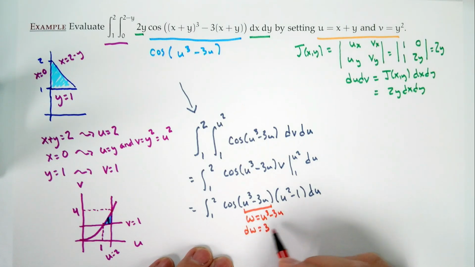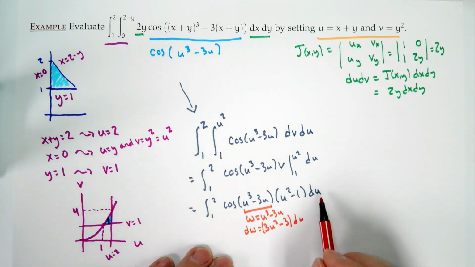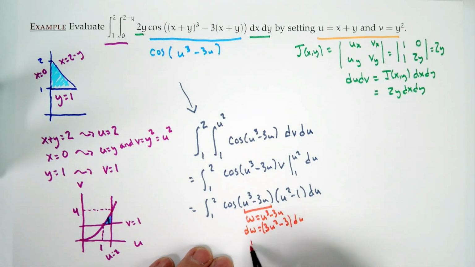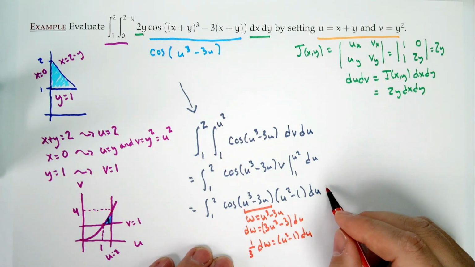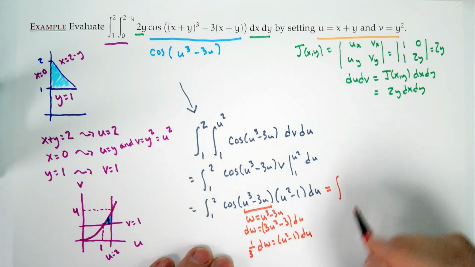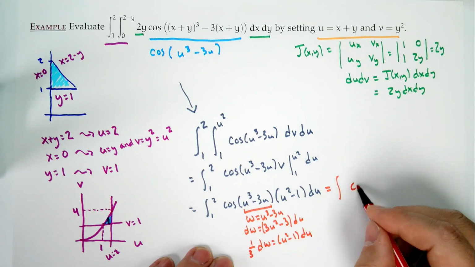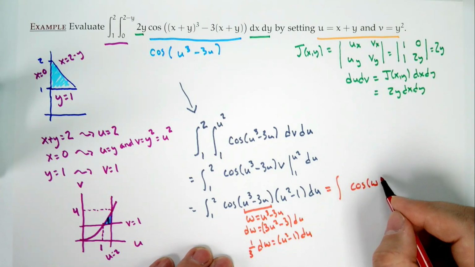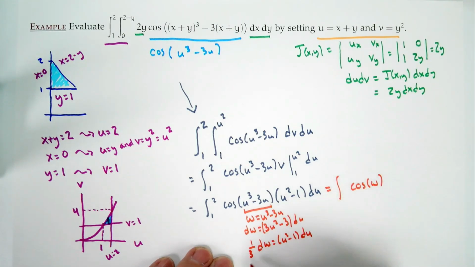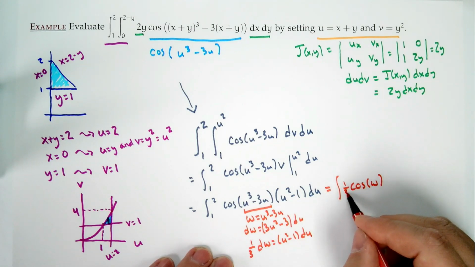Well, 3u squared minus 3, all times du. Notice that's almost u squared minus 1 du. In fact, if we divide both sides by 3, we get 1/3 dw is u squared minus 1 du. So this is the integral, updating, cosine of w times 1/3 dw. I'll put the 1/3 in front.